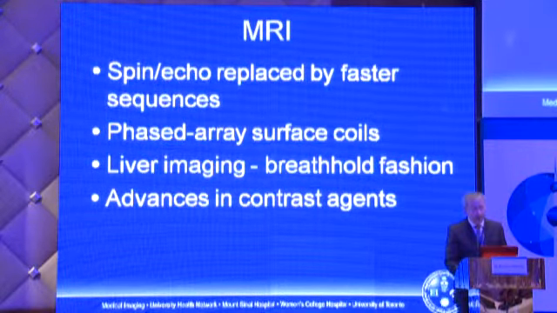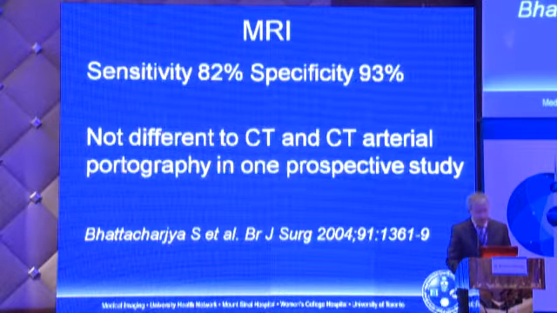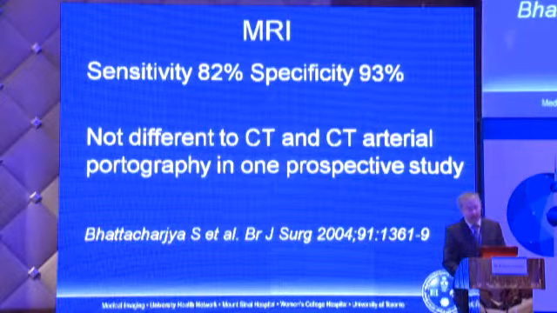MRI in the liver, well, spin echo sequences are replaced now by faster sequences, so imaging of the liver is very good. Phased array surface coils, breath hold techniques. There have been advances in contrast agents, sensitivities and specificities, again in the 80s to 90s.